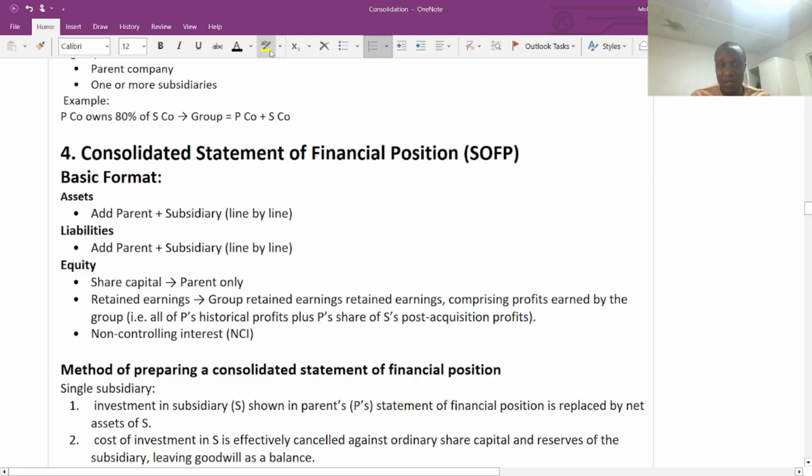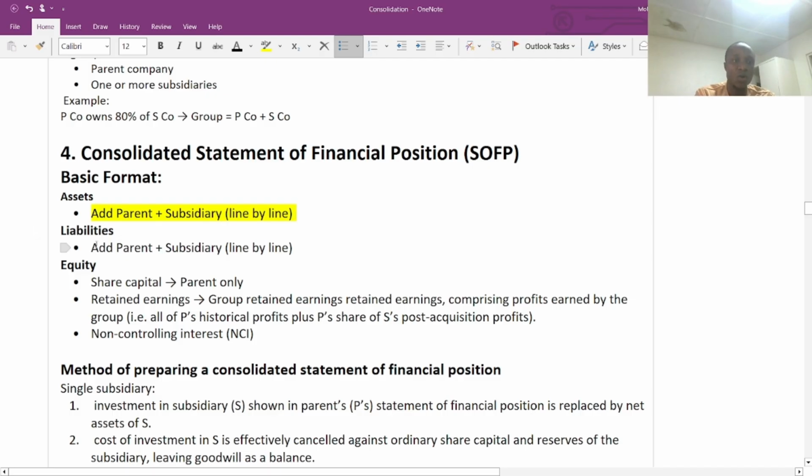So now the basic format you need to have at the back of your mind from the basic principle. Firstly, for the assets of the parent and subsidiary, we are going to add them on a line by line basis. That is the first thing you need to have at the back of your mind.